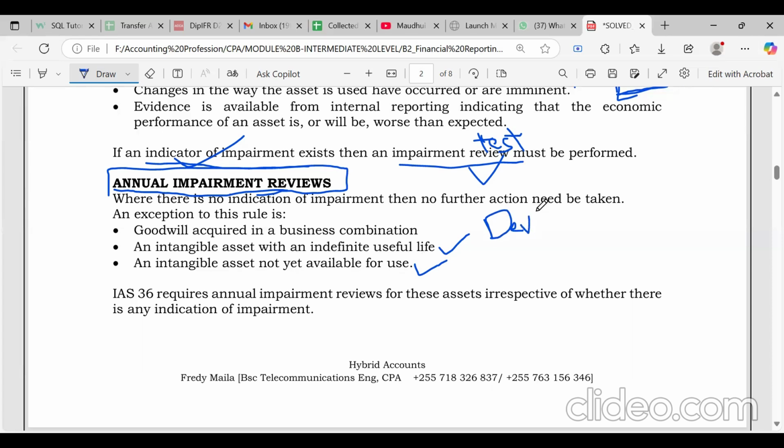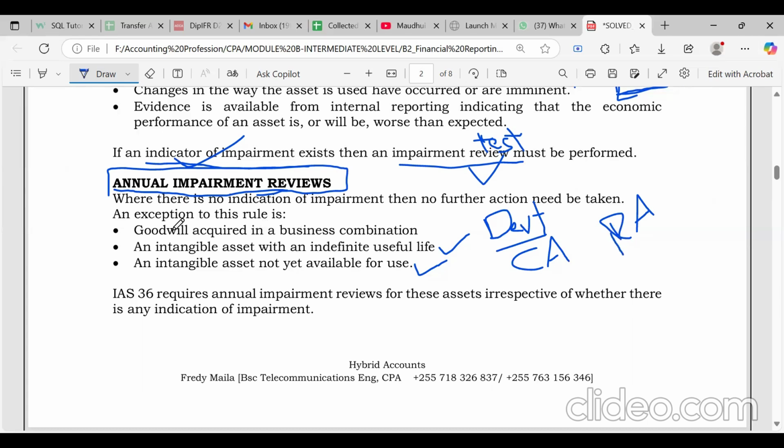But even if it's not ready for use, at the end of each year, you take the accumulated cost, which is the carrying amount, and compare it with the recoverable amount. If there is an impairment, you reduce it, right? So impairment doesn't need the asset to be ready for use. You can just impair it like that.